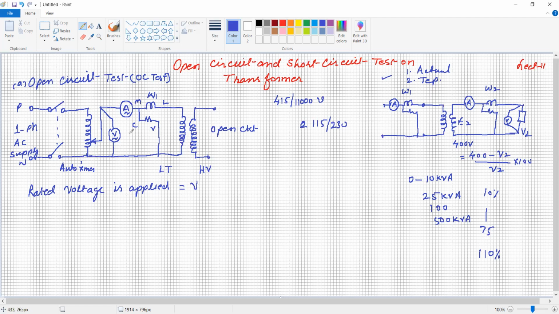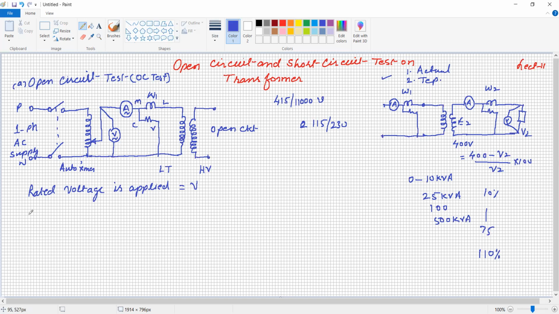Under such a condition, whatever power is consumed by the circuit is used to overcome the iron losses, because the load is not connected on the secondary side. Iron losses are the summation of eddy current loss and hysteresis loss.